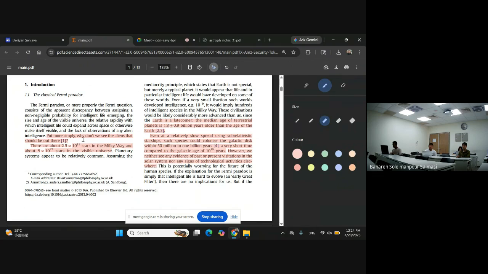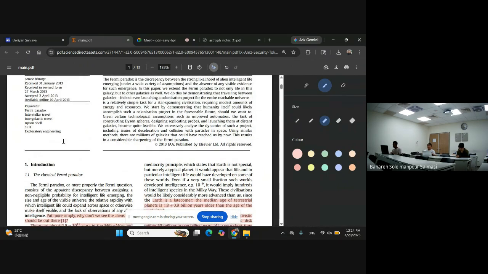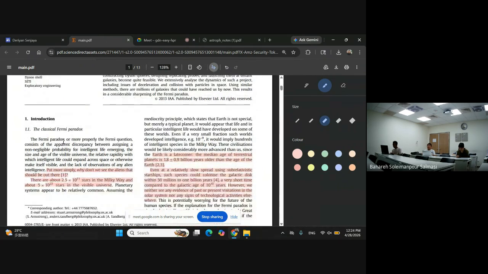So in this paper, they also mention, put more simply, why we cannot see the aliens that should be out there. And this paper tried to discuss how the Fermi paradox can be extended or maybe explained more.